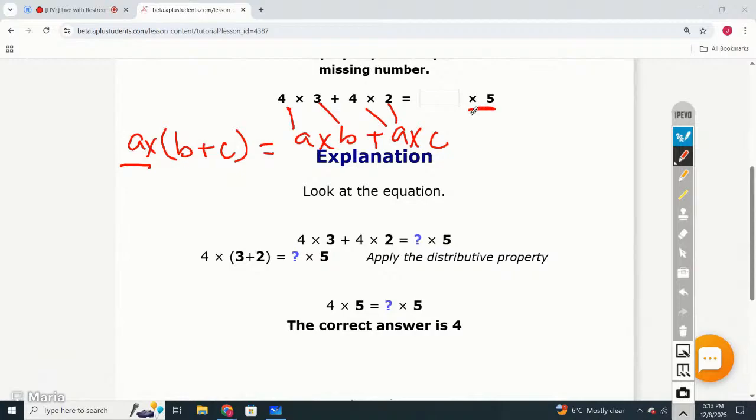B is 3, C is 2. So that is 3 plus 2, which is 5. So we have 5 over here. That is 4 times 5. Let's start with the test questions.